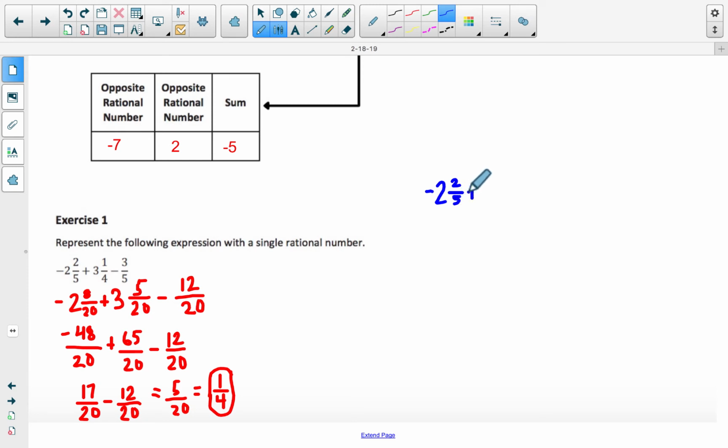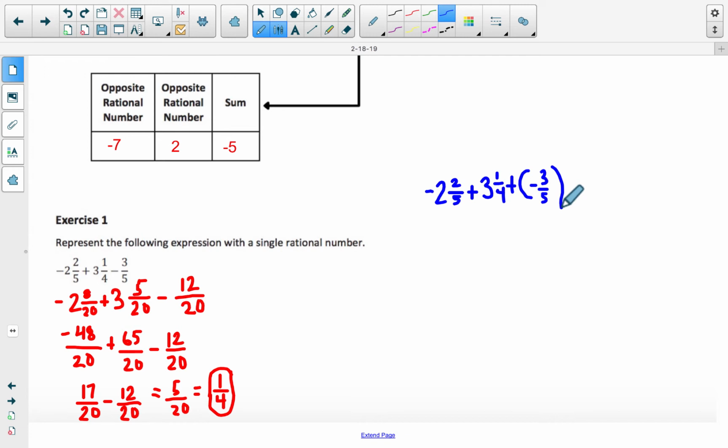The 3 and 1/4 is still a plus. It's a positive. I'm adding that, so I'm okay with that. And I'm going to switch this minus 3/5 to plus a -3/5. Okay, I don't like having subtraction. I just like thinking of it as everything's addition, and you're either adding negatives or adding positives.